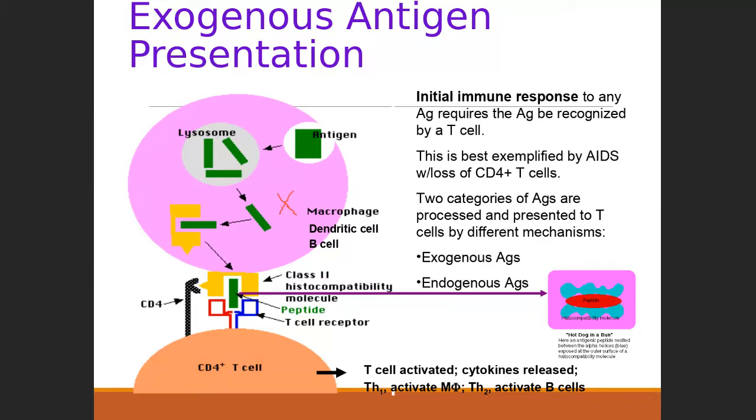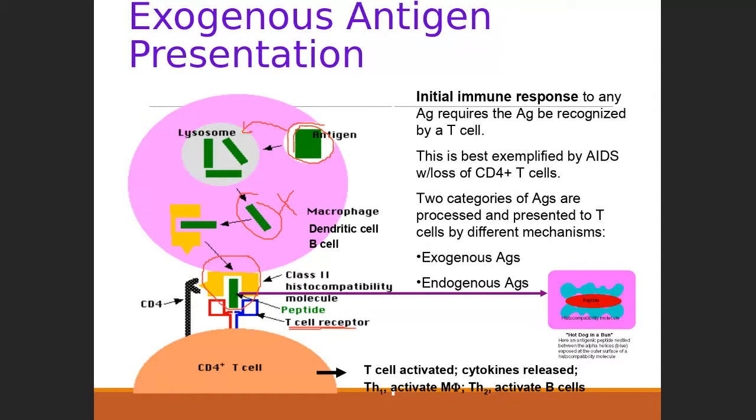We engulf an antigen, whether it be a toxin, whether it be a bacteria. We merge it with a lysosome and break it down. We take a portion of that antigen, and using a class 2 major histocompatibility complex, we present that portion to the surface of the cell, where now it can be recognized by our T cells that we'll talk about as part of our cell-mediated immunity.